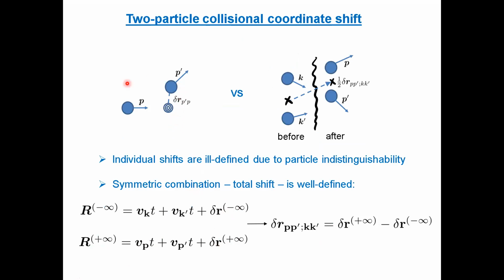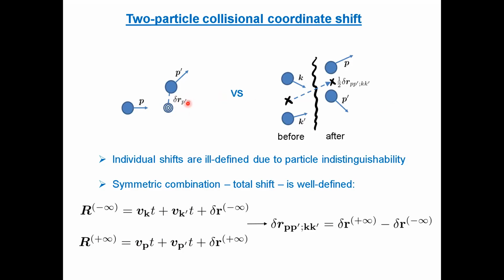We need to compare the single particle collision with an impurity and the two particle collision of two electrons. The fact that the electrons are indistinguishable, identical particles, immediately tells us that the two particle coordinate shifts are not reducible to the single particle shifts. The argument is very simple.